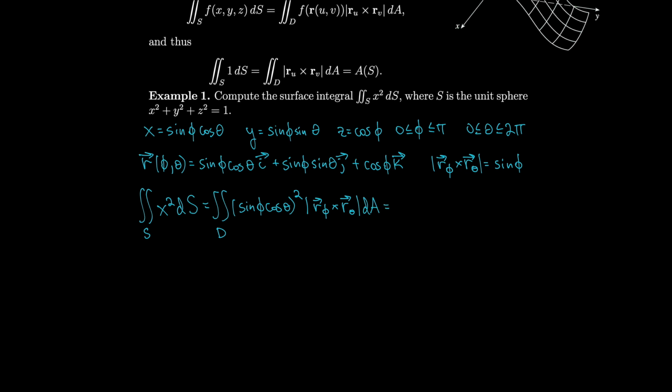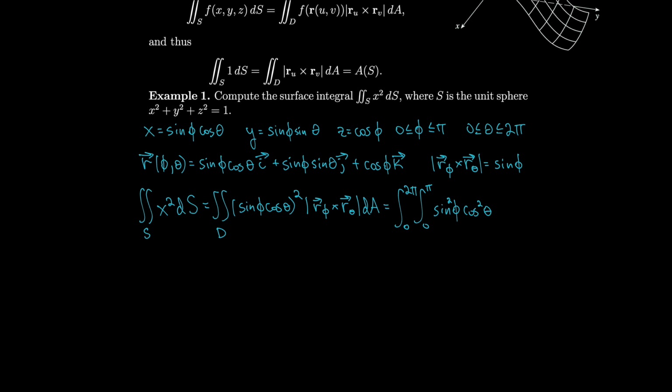So if we use our parameterization, that means we've got phi and we've got theta. So on the outside I'll have theta going between 0 and 2 pi, and on the inside I'll have phi going between 0 and pi. And then we'll just distribute our square a little bit, so we'll get sine squared phi, and we'll get cosine squared theta.